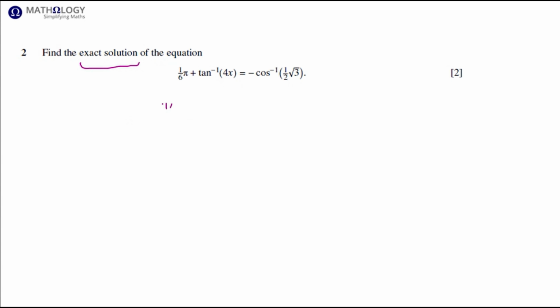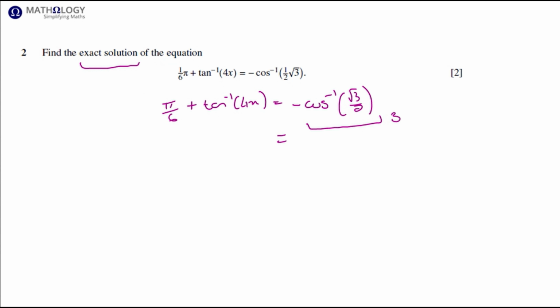Okay, so pi by 6 plus tan to the minus 1 4x, or arctan 4x, equals minus cos to the minus 1, or minus arccos root 3 over 2. And we can evaluate this expression arccos root 3 over 2 in terms of degrees.